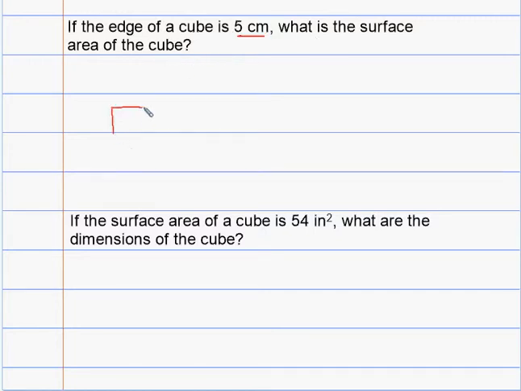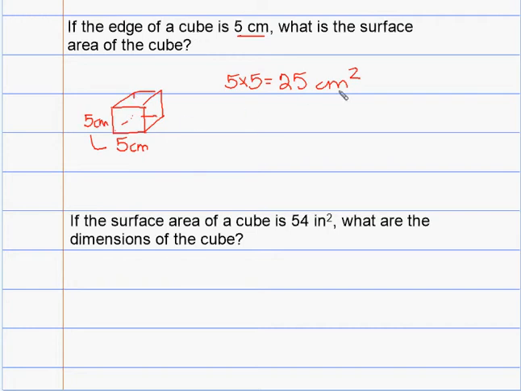Well, what we're talking about is if we have a cube, the edge would be 5 centimeters. And in a cube, recall that we have 6 congruent faces. So if one edge is 5, it's a cube, so they're made of squares. The dimensions that you would multiply together to get the area of one face would be 5 times 5, which would be 25 centimeters squared, but that's just one face.